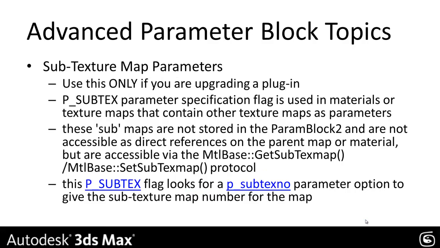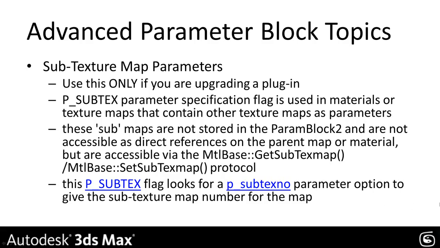Then there are subtexture map parameters. You should use this only if you are upgrading a plugin. If you have an existing plugin that's using a subtexture map, use this information only in that upgrade situation.